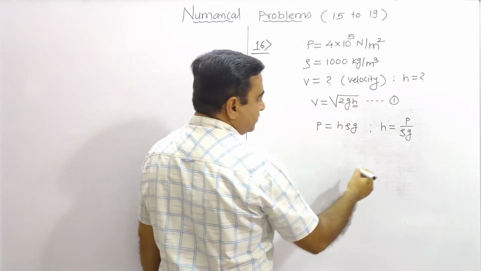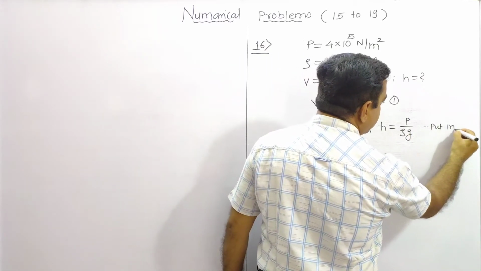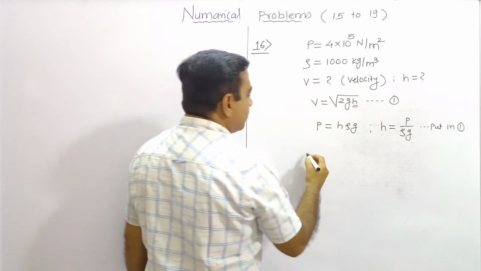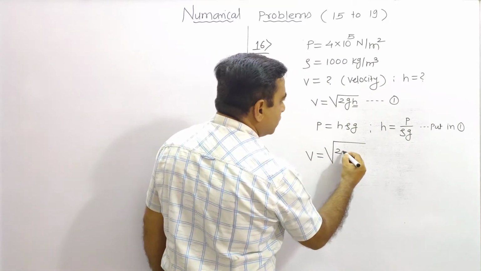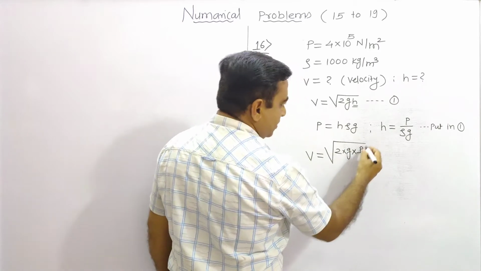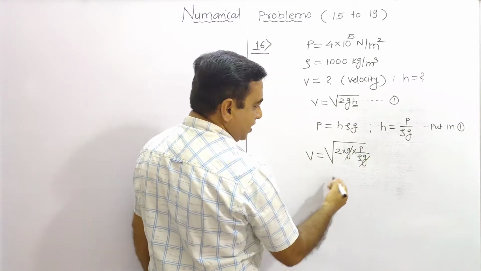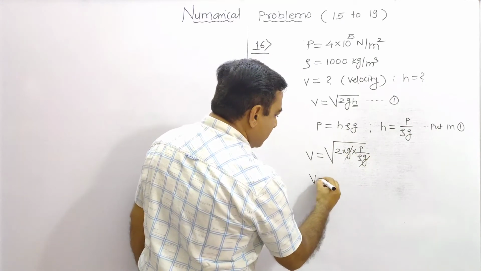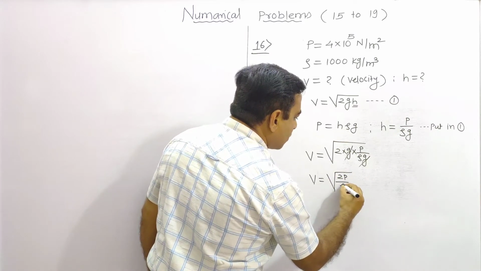So put in 1. After putting in 1, v is equal to under root of 2 into g into P upon rho g. This g cancels with this g. The only remaining factor is v is equal to under root of 2P upon rho.